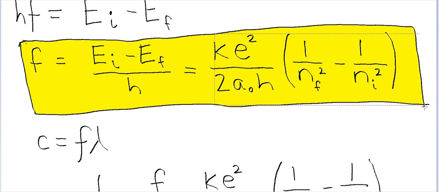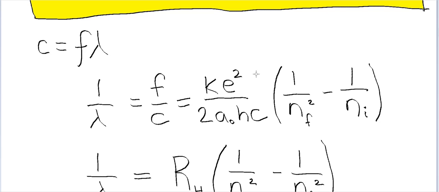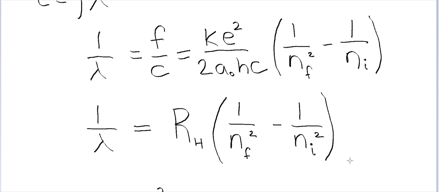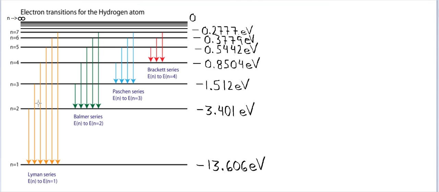The difference between this and this is just the addition of dividing by c. This gives us the familiar Rydberg constant, which also allows us to determine what the wavelengths of each of these series is.